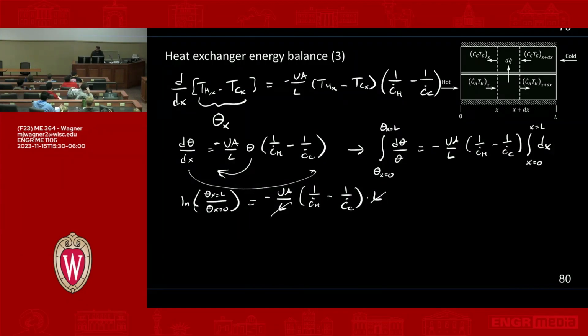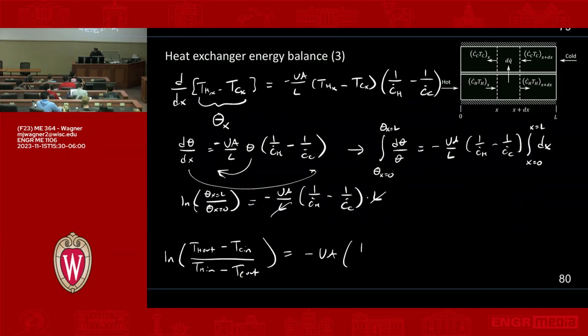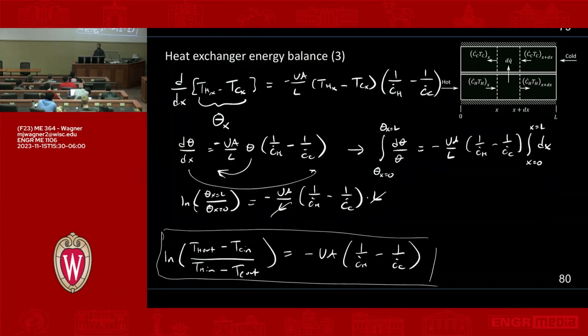So we end up with a result of log of theta at x equals L, which is Th out minus Tc in, over theta at x equals 0, which is Th in minus Tc out, and that's equal to minus UA times 1 over C dot h minus 1 over C dot c. Okay? Cool. So we have a nice relationship here.